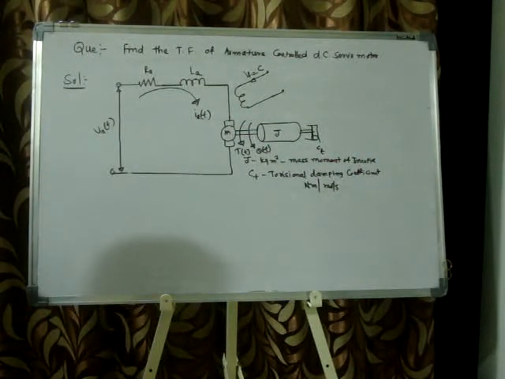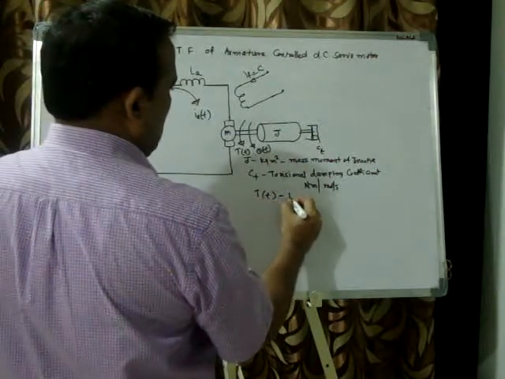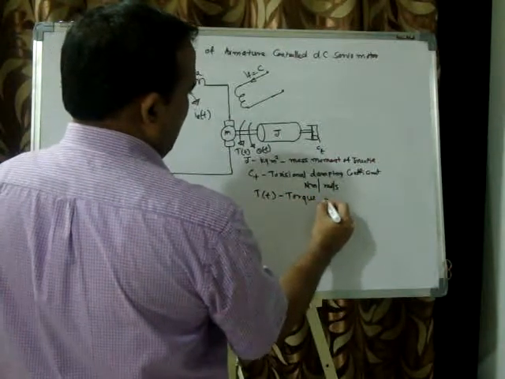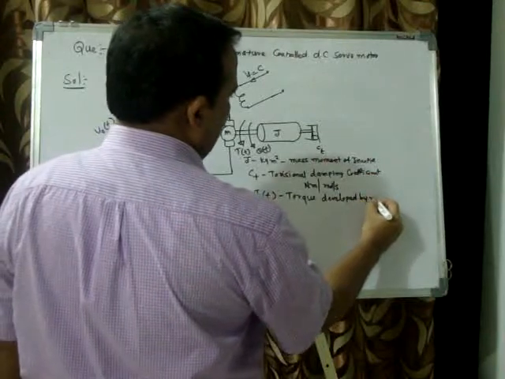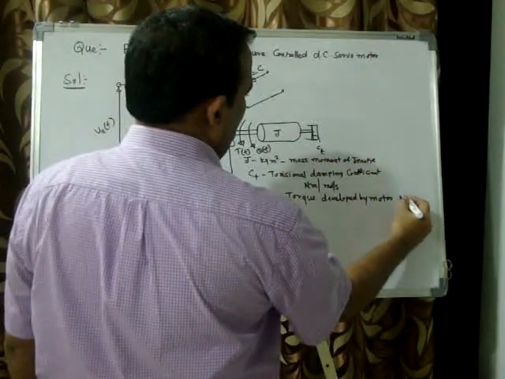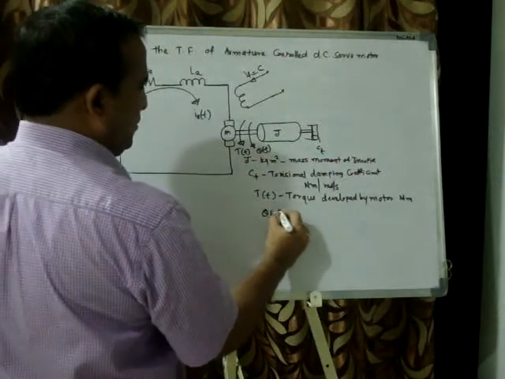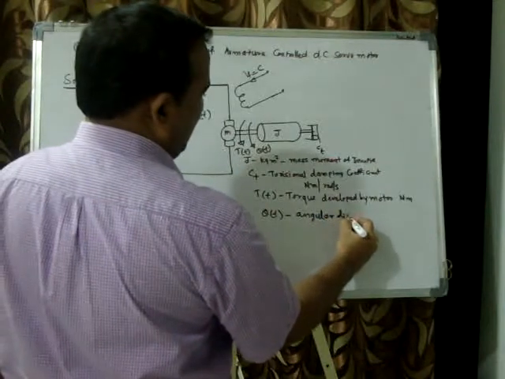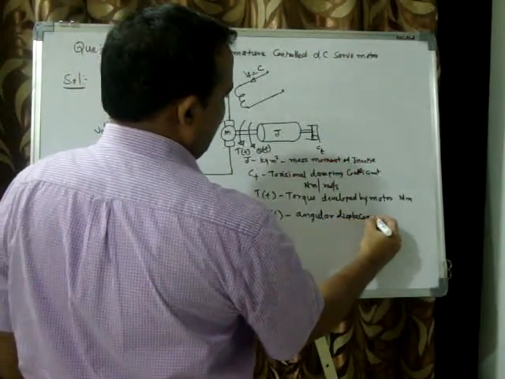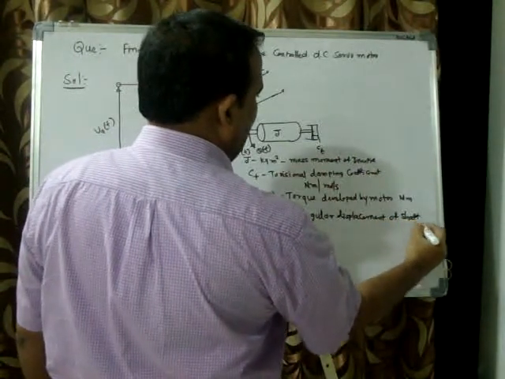The final output is theta of t. And here T is the torque developed by the motor, in Newton meter. And theta of t is the angular displacement of the shaft, in radians.